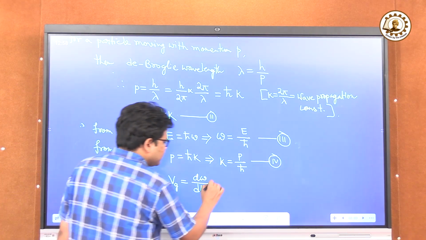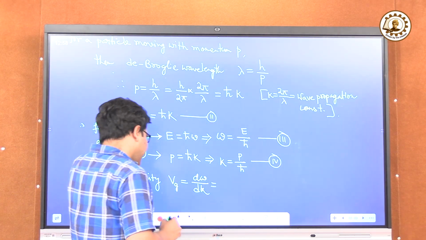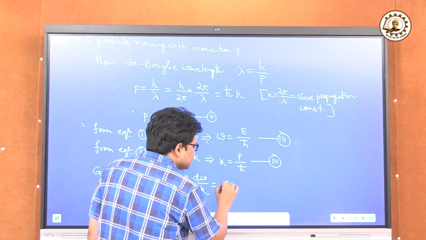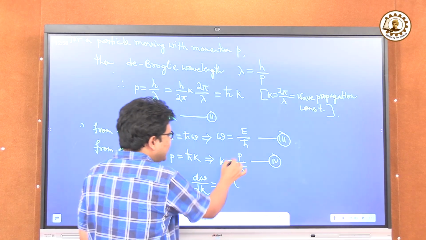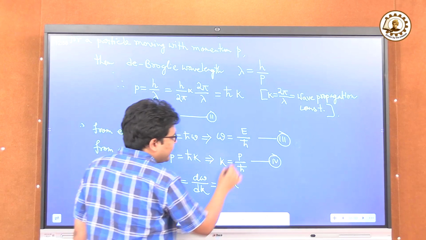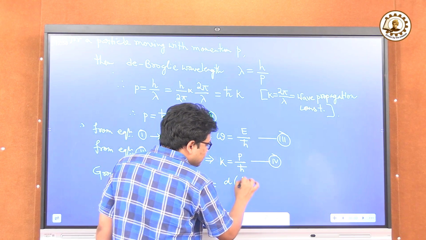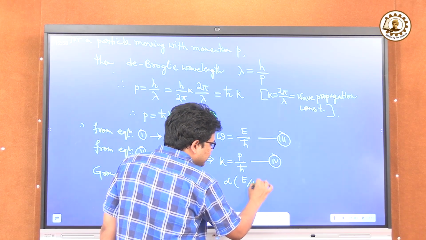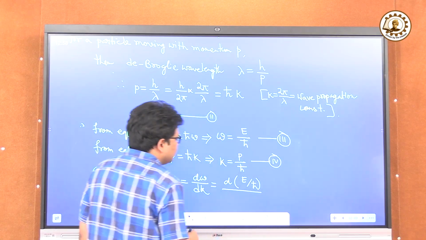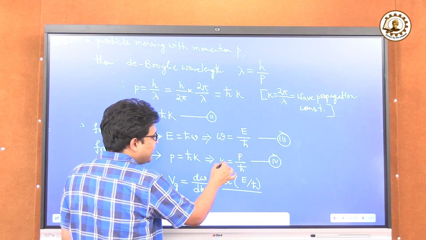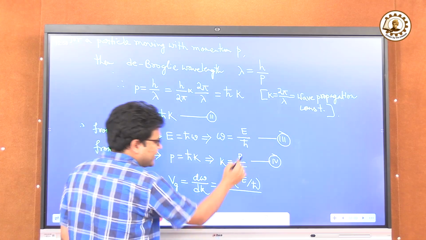So I can write d omega, that means omega is E by h cut, divided by d of k, and k means p by h cut.